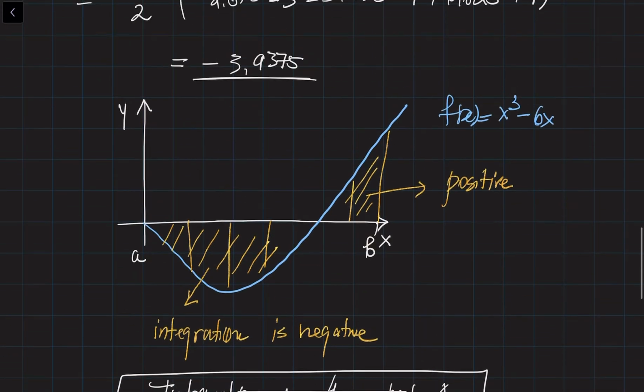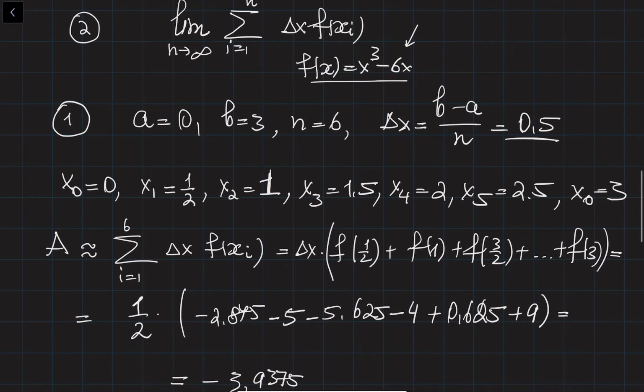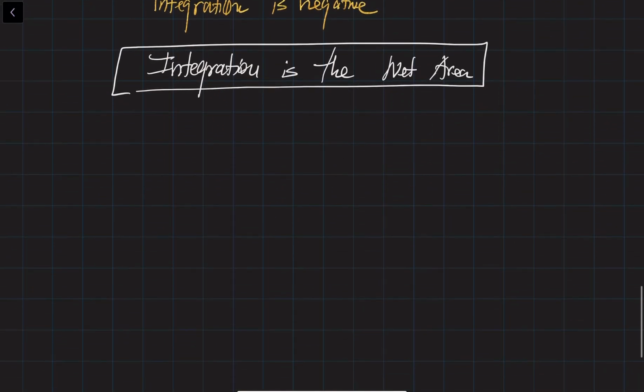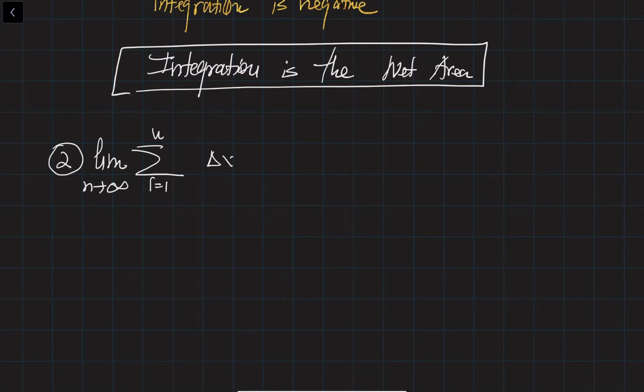So now what we would like to do is figure out the exact area by taking the limit of the sum when n goes to infinity. So let's try to do this. So the number 2, what we are going to do is find the limit of the sum, i goes from 1 to n, delta x of f of x_i.